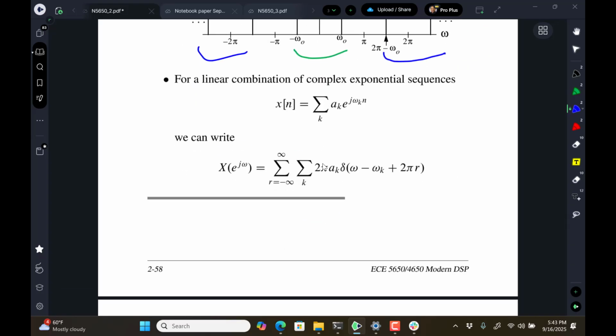And then if you have a superposition, which is what I was thinking of a moment ago, many different frequencies, you could have lots of different sinusoids all being periodic. So this outer sum is only to make sure that you've got the periodicity in there.